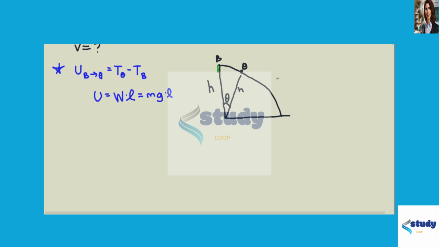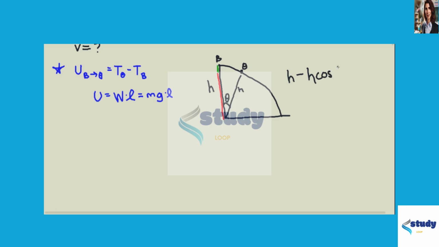So we're going to take this overall h minus this portion right here, which is h cosine theta, because this is the radius.